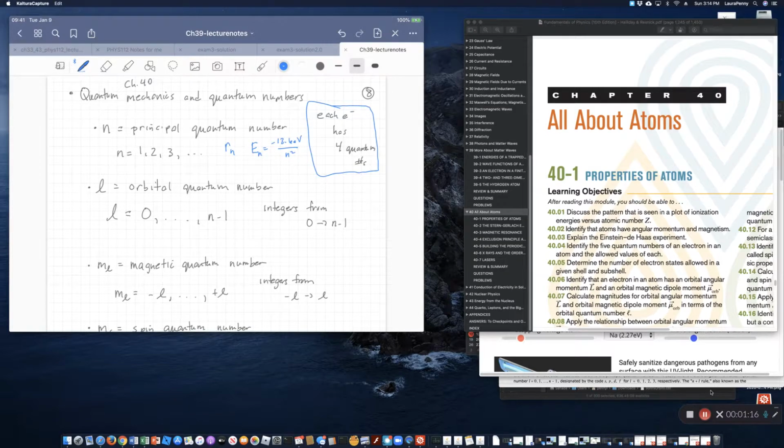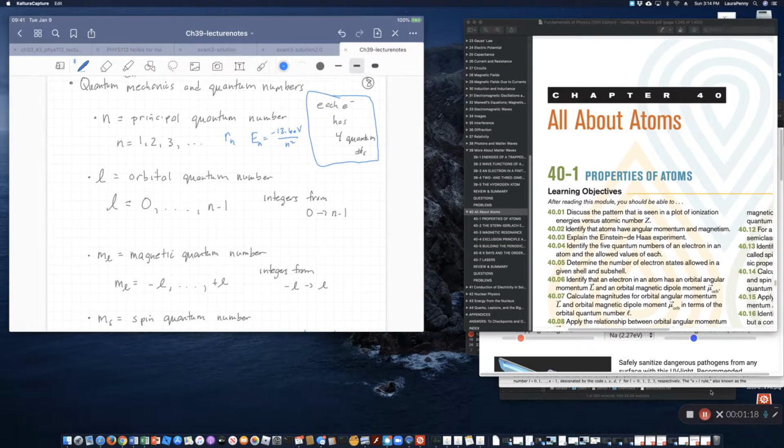There's also an orbital quantum number, little l. I'm not going to talk about what this is physically describing. It has something to do with the angular momentum of our electron inside the orbital, the principal quantum state that it's in.